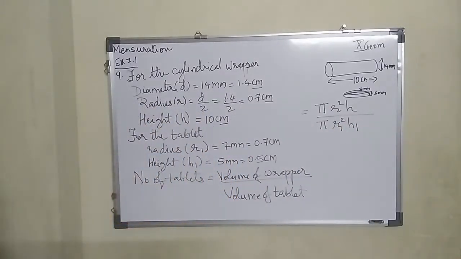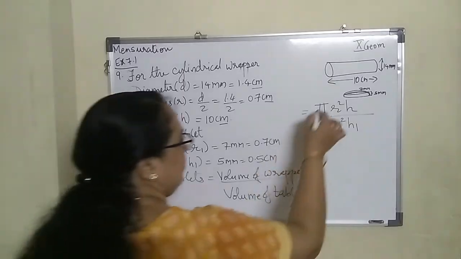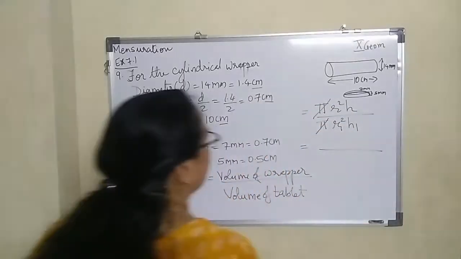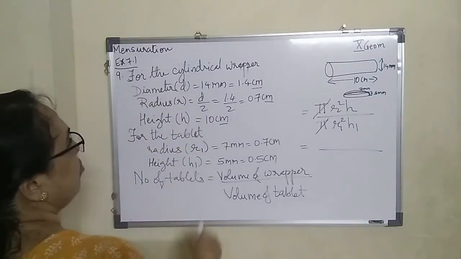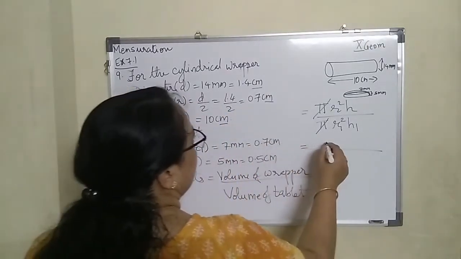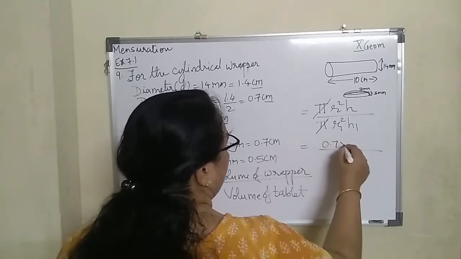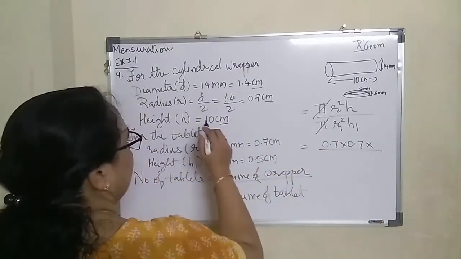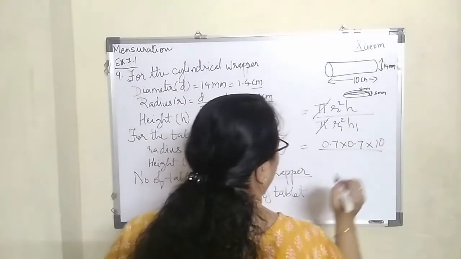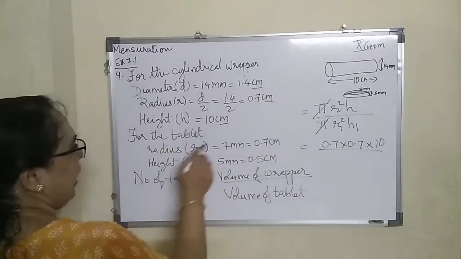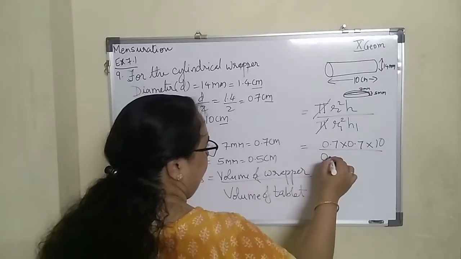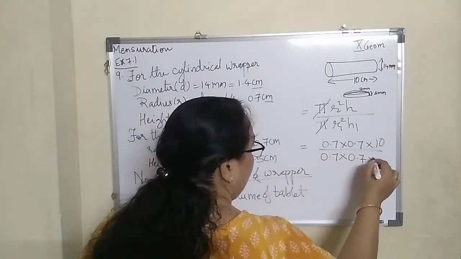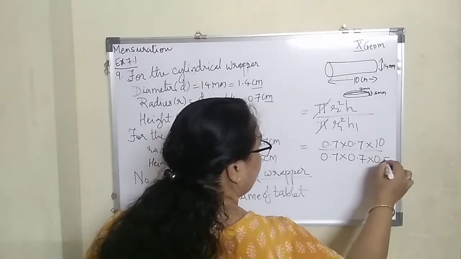Yes or no? Now pi gets cancelled, they take care of each other. That helps us a lot in the calculation, girls. R is how much here? 0.7 into 0.7 into h is 10. While of the tablet it is 0.7 again, 0.7 into 0.5.